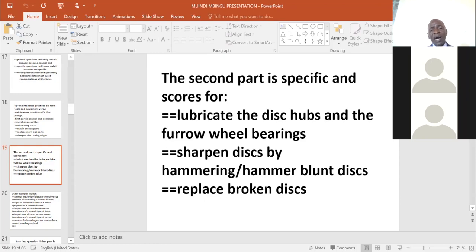It could simply have become worn out. For example, the share of an ox plow. The share of an ox plow is the part that cuts the furrow slice horizontally. It wears out faster. Once worn out, we say replace. Don't say repair worn out. That would be wrong. A worn out part is not repaired, it is replaced.